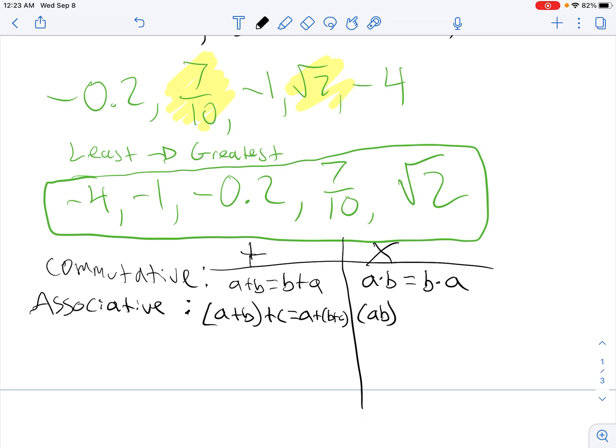And it works the same way with multiplication. I could do A times B, and then multiply it by C, or I could do B times C first, and then multiply it by A. Either way, using the associative property of either addition or multiplication, I will get the same answer.